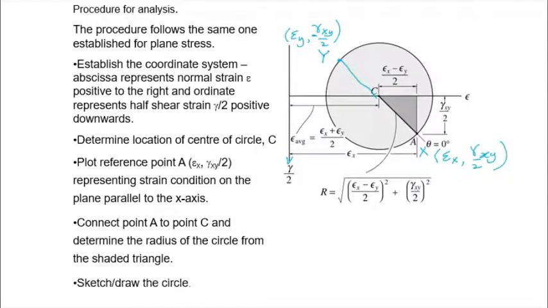Right? And then we can draw the circle, or you can sketch the circle. If you have drawing tools, you draw a circle. Otherwise, you just sketch something that looks like a circle as your reference.